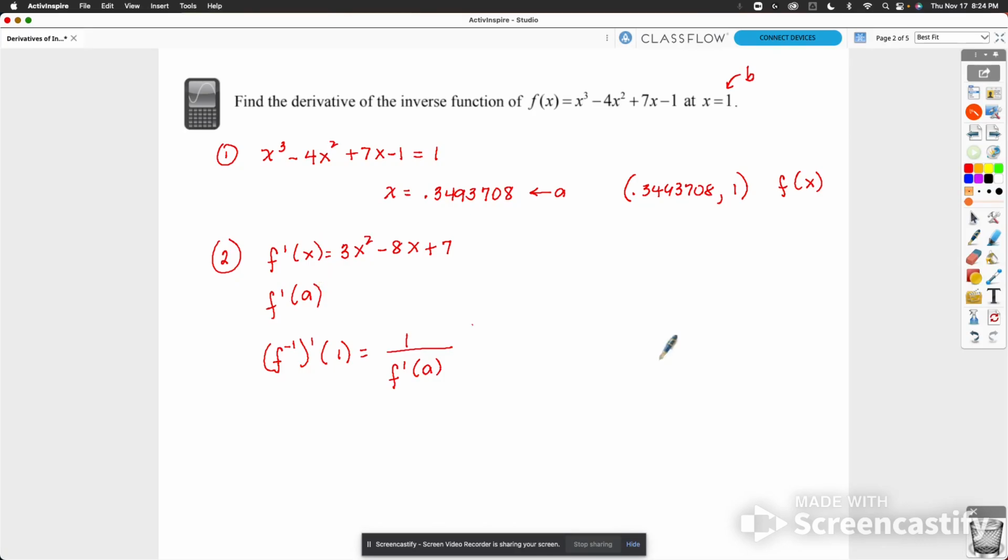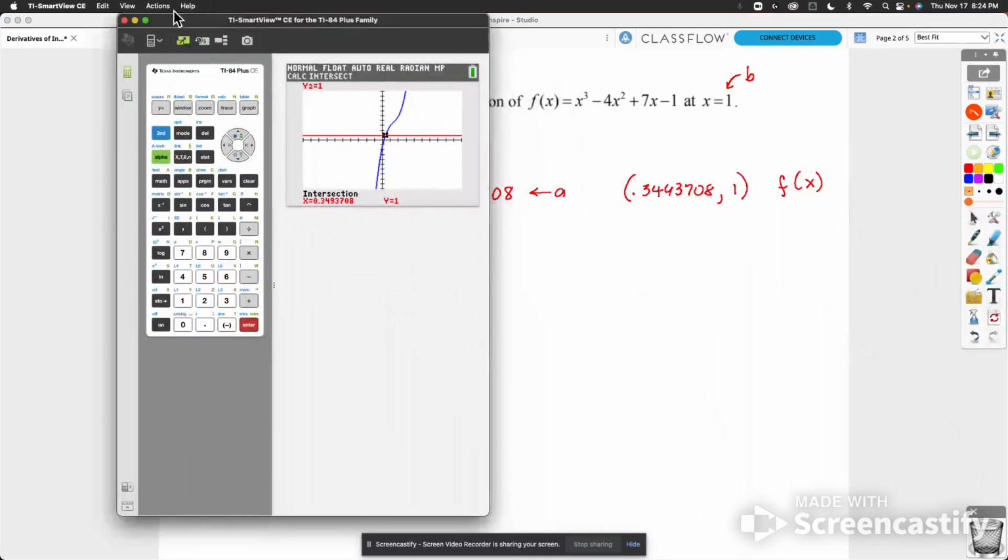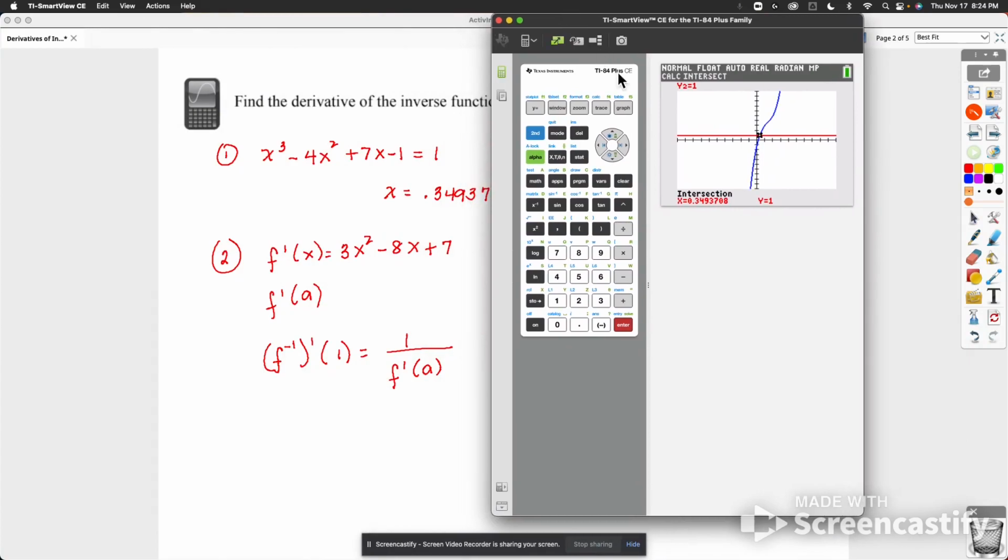And remember, we are evaluating the derivative at a. To evaluate the derivative using the calculator, we do math 8. Since we're getting the reciprocal, I'll put in 1 divided by f prime at a. So f prime is the derivative. We go math 8, the derivative with respect to x of the function. Now remember, we have already put this function in y1. So we call back y1 by going to vars, y-vars, function, and click y1.